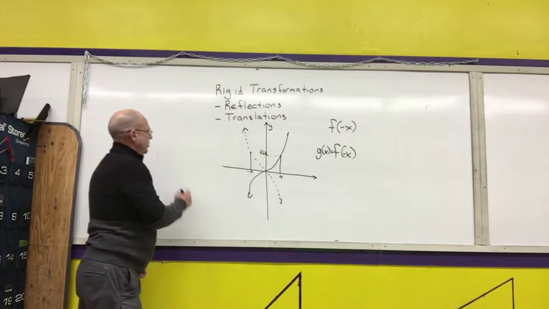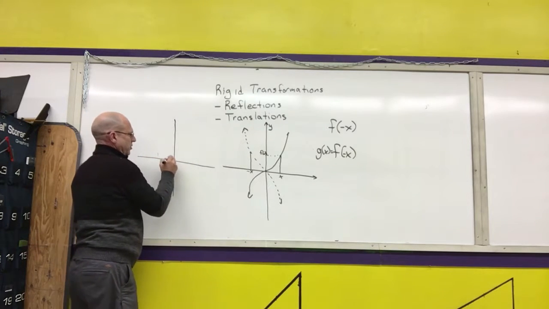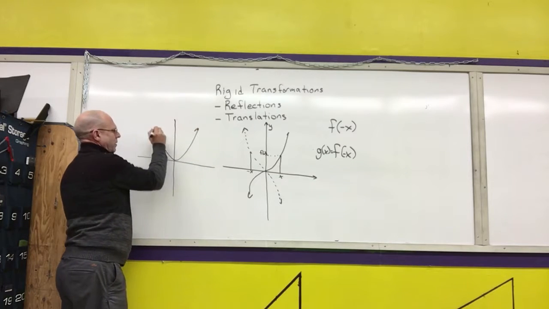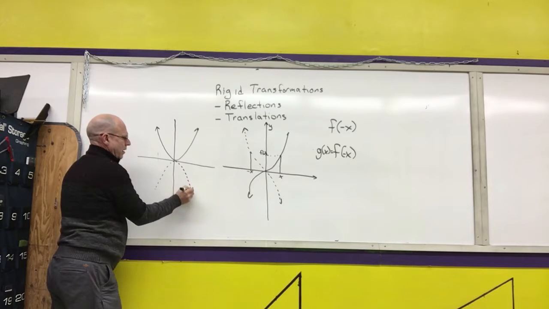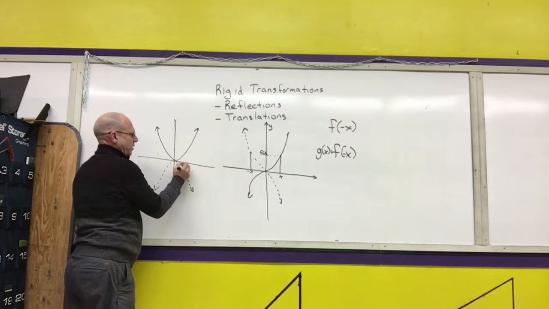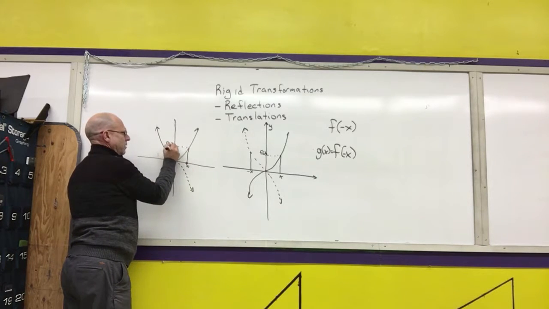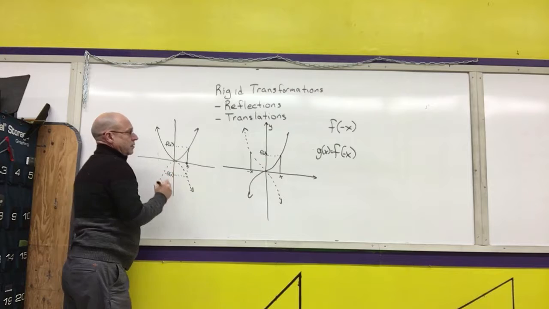The other type of reflection that we have with functions, we'll do our parabola, is the one that reflects it across the x-axis. And the only difference here is if that's x and this is f of x, the reflection gives me the negative f of x.